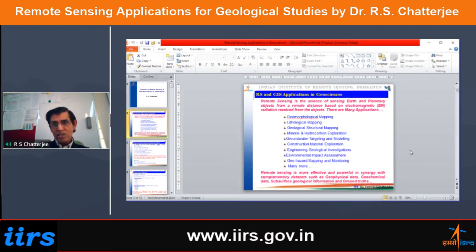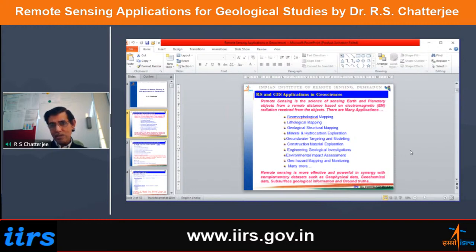Remote sensing is the science of sensing the Earth and planetary objects remotely, from a remote distance, based on electromagnetic radiation received from the objects. So you need certain platforms like satellite, aircraft, or drone, from where you can receive the electromagnetic radiation which is coming from the objects.